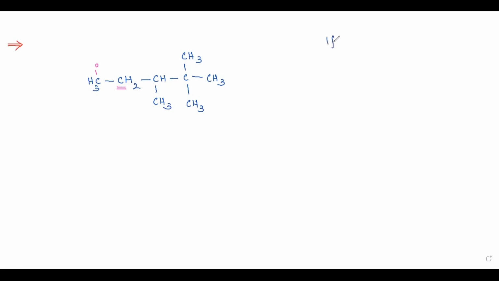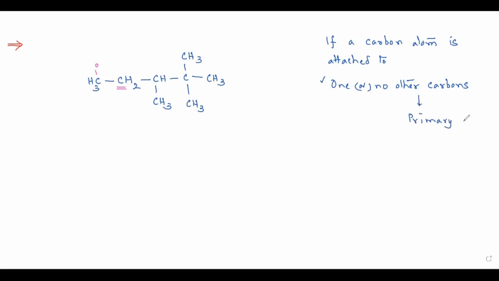Look at this. If a carbon atom is attached to one or no other carbons, it is called primary or 1 degree carbon.